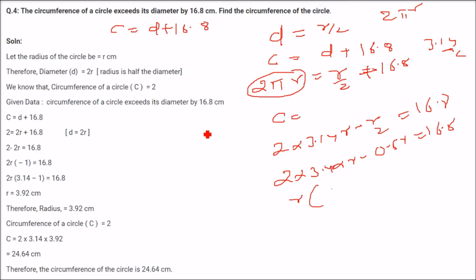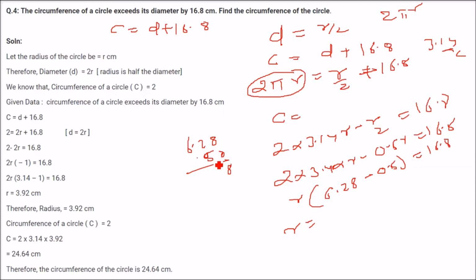So 3.14 into 2 is 6.28, minus this 0.5. I'm taking r outside, so 6.28 minus 0.5 times r equal to 16.8.